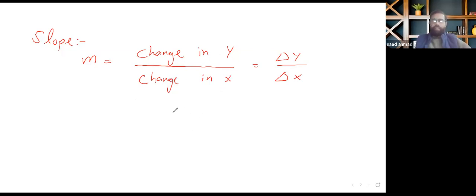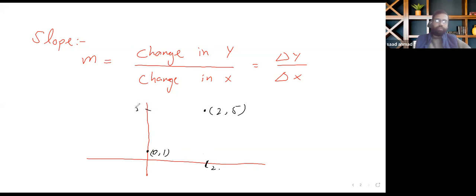Let's say, as a quick idea, we can have a graph. Let's say we have a line, and this is the point (0, 1). And let's say there is another point, (2, 5), and we have a line through them.